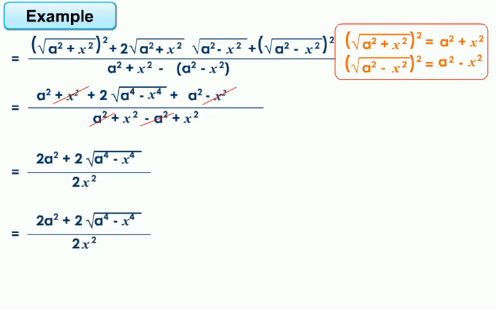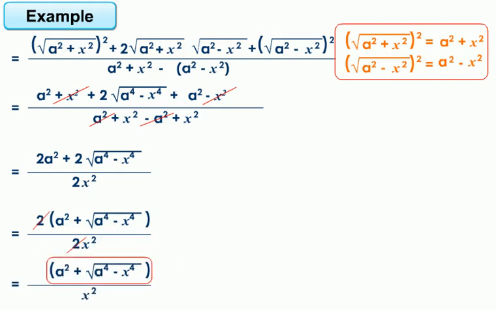Taking 2 common in numerator, we have 2 into a square plus under root a to the power 4 minus x to the power 4 divided by 2x square. On further simplification, we get a square plus under root a to the power 4 minus x to the power 4 divided by x square.